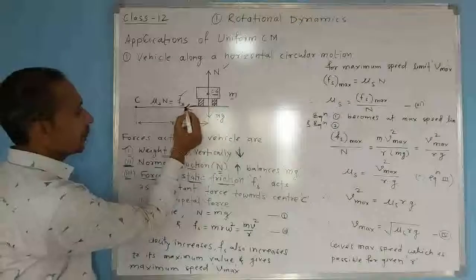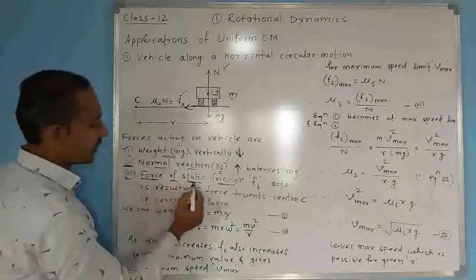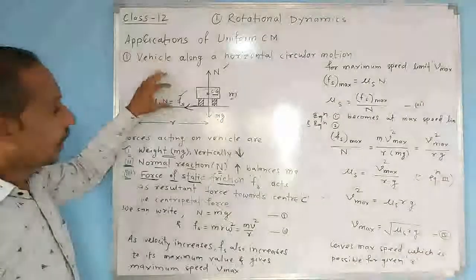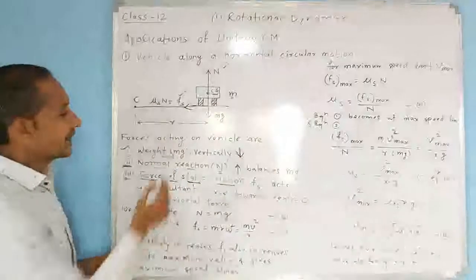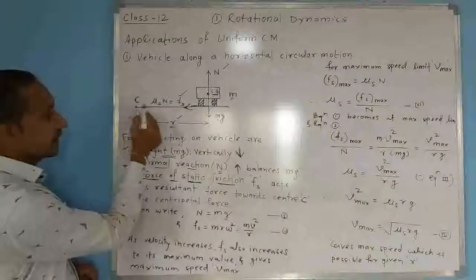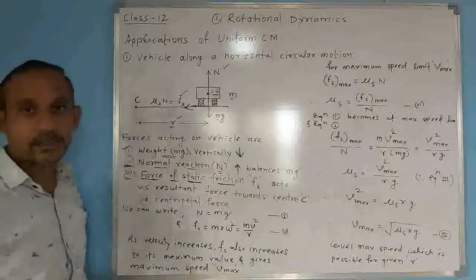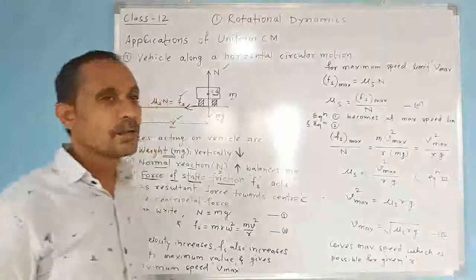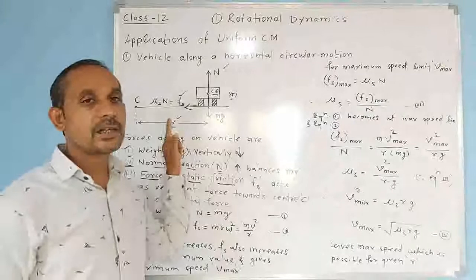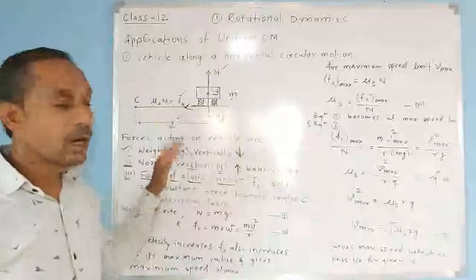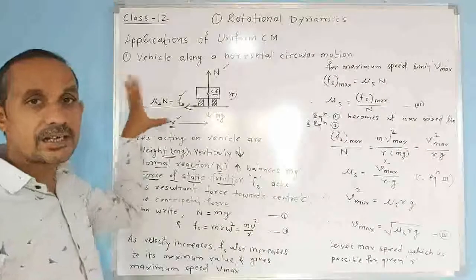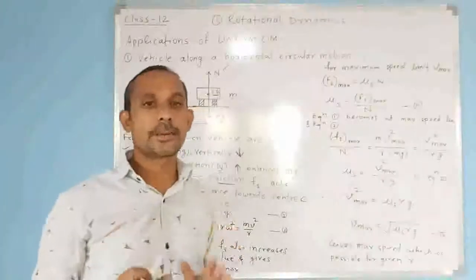This force acts along the radius and towards the center of the circular motion. So that is why this is the force of static friction. It is the force which acts along the radius and is directed towards the center. It is nothing but the centripetal force.